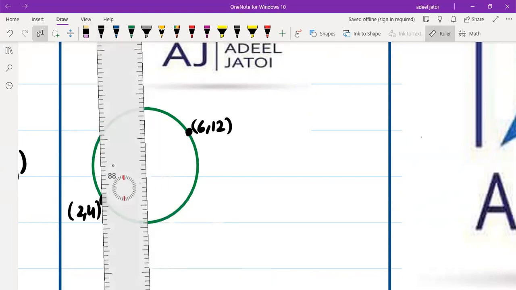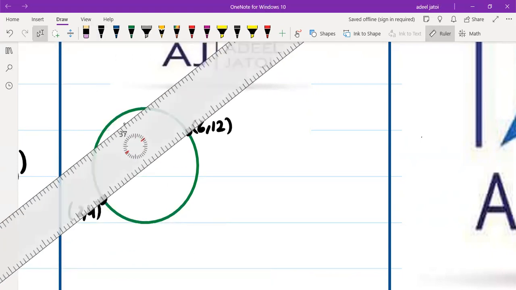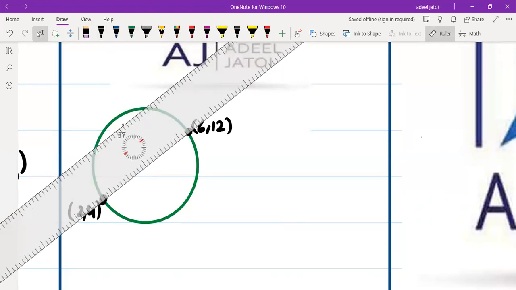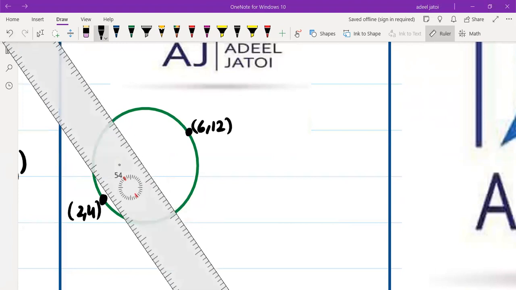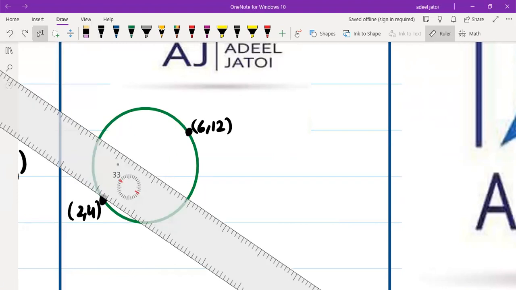Let's draw a line joining these 2 points, knowing that we need the equation of the perpendicular bisector. The equation of the perpendicular bisector will be crossing from the midpoint.